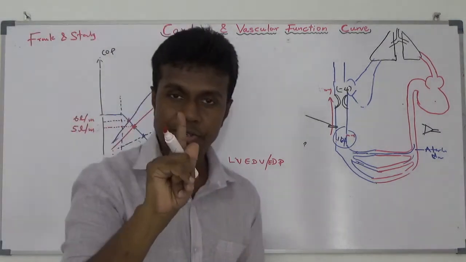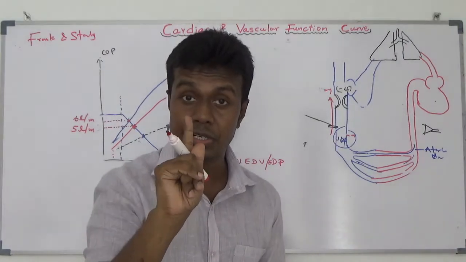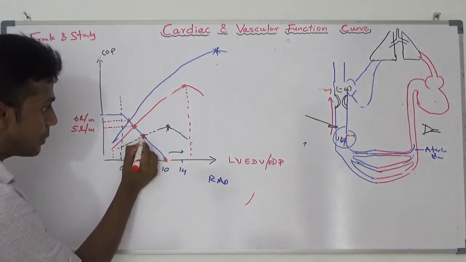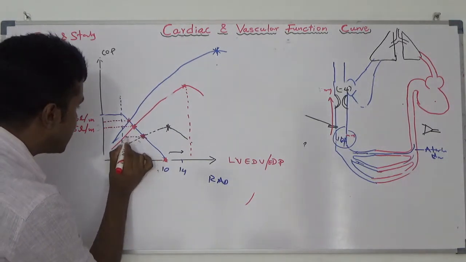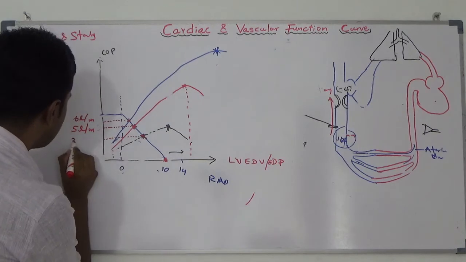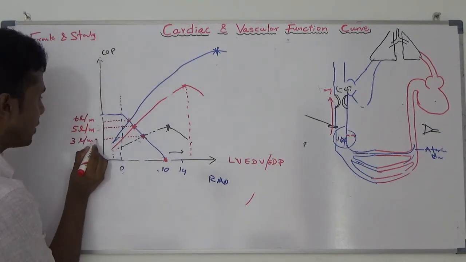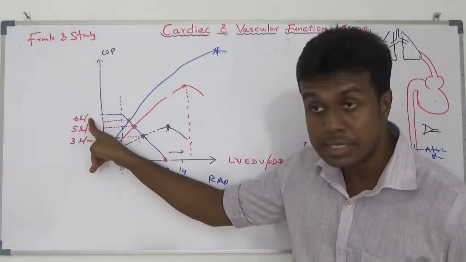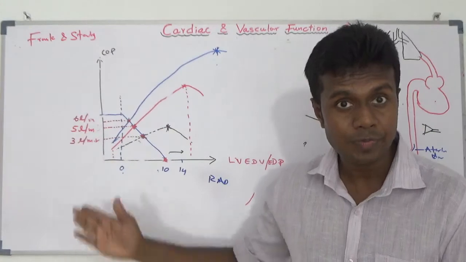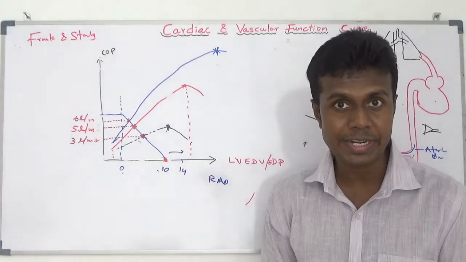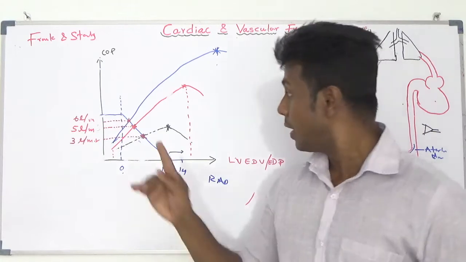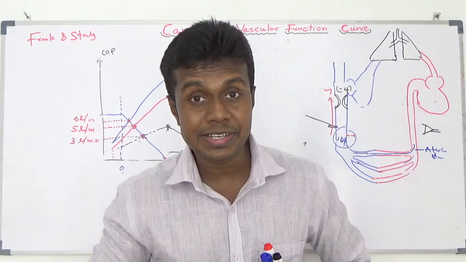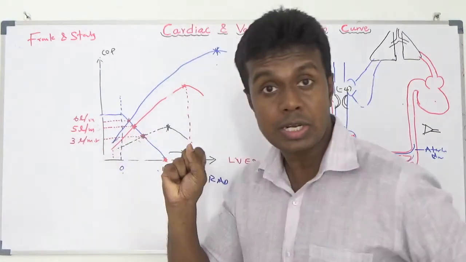For the same venous return, my grandfather has this intersecting point here, so he has this much cardiac output, roughly about 3 liters per minute. My younger brother has 6, I have 5, unfortunately grandfather 3 liters per minute. If I give an inotrope to my patient, or to myself, contractility becomes more and more.